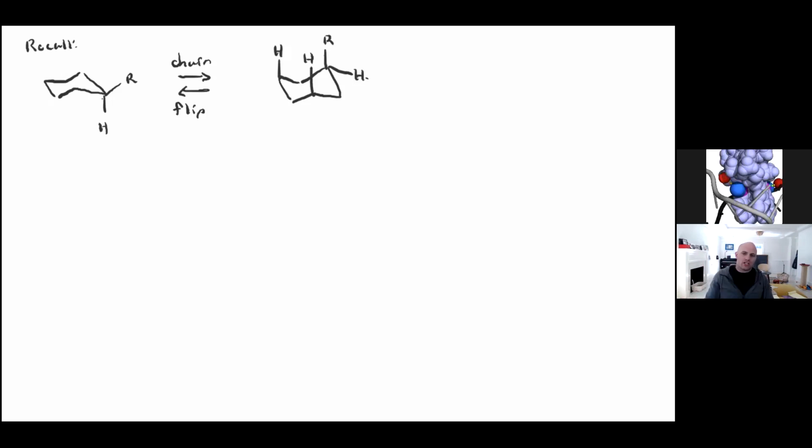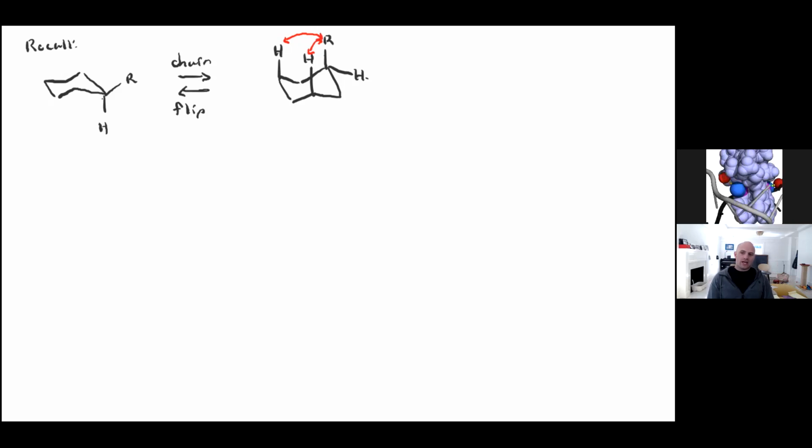The axial orientation suffers from 1,3 diaxial interactions between the two axial hydrogens in the ring, on the same side of the ring, okay? And we said at the end of class that this diaxial interaction is actually just a special type of gauche interaction that we saw with n-butane, okay?